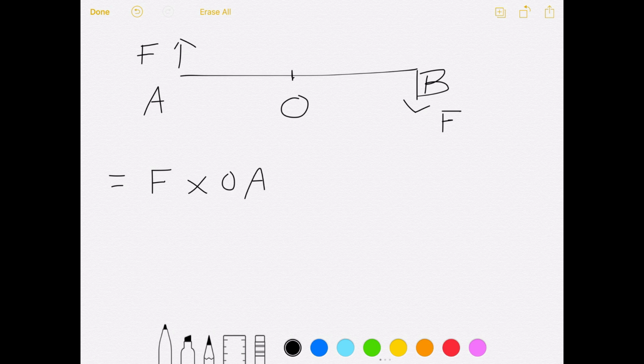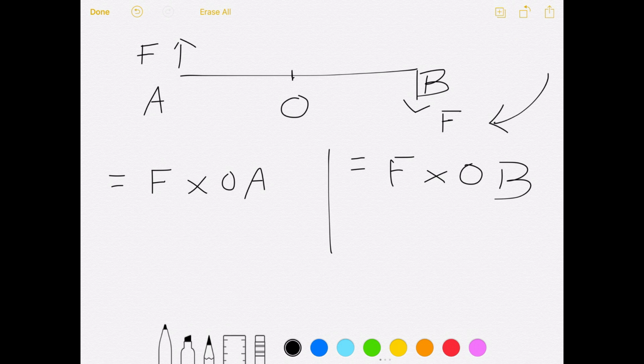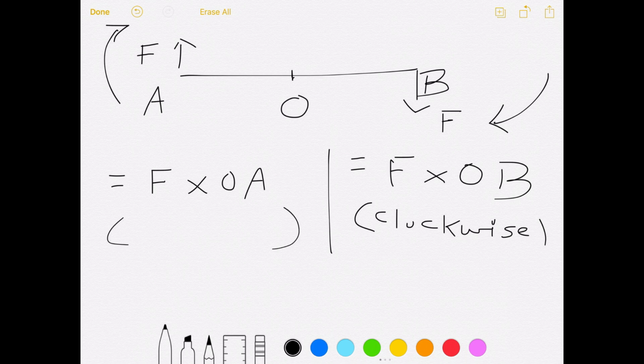And suppose now if we want to calculate the moment of force F at the end B, it will be, according to the formula, equal to F multiplied by OB. There is a need to mention in which direction the forces will produce the moment. So here it will be in clockwise direction, and in this case it would also be in clockwise direction.